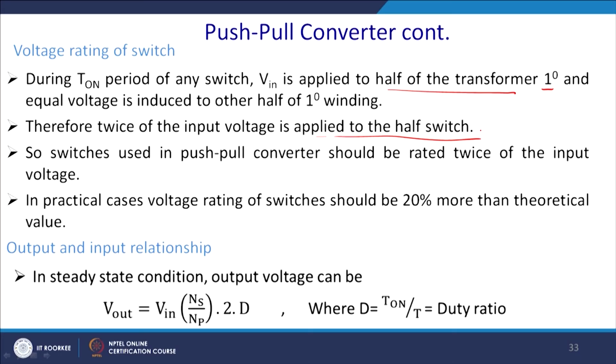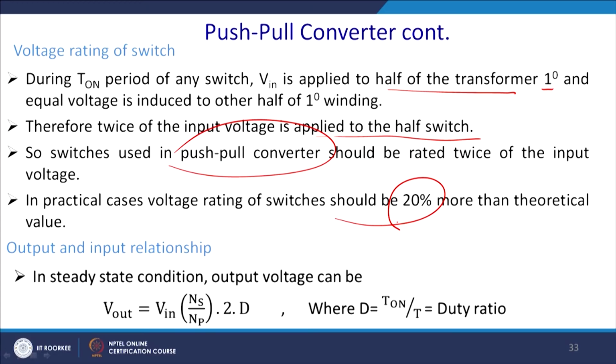So, switches used in a push pull converter should be rated at twice the input voltage. As such, there is not much advantage in it. In practical cases, the voltage rating of the switches should be some percent more than the theoretical value to provide a factor of safety.